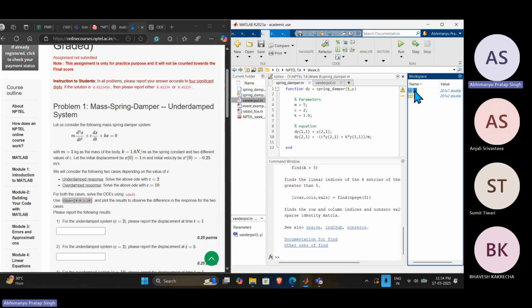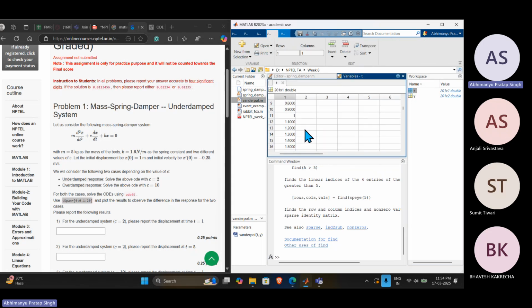Let me just directly check. 0.1 is the 11th variable, and the 11th variable is okay. So the first one is the displacement, the second one is the velocity, right? So this is the answer for this part.